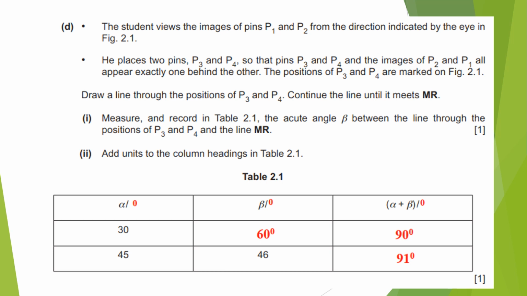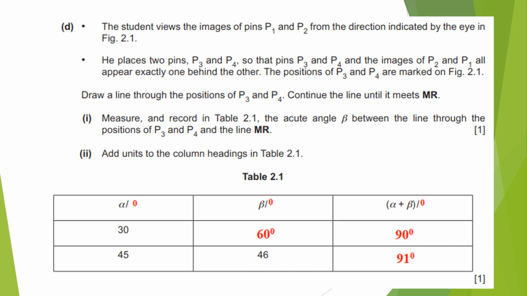So question D, add units to the column headings in table 2.1. The columns are given: this is alpha, this is beta, and alpha plus beta. Clearly alpha and beta are angles, the angle of incidence and the angle between the line P3P4 and the mirror.